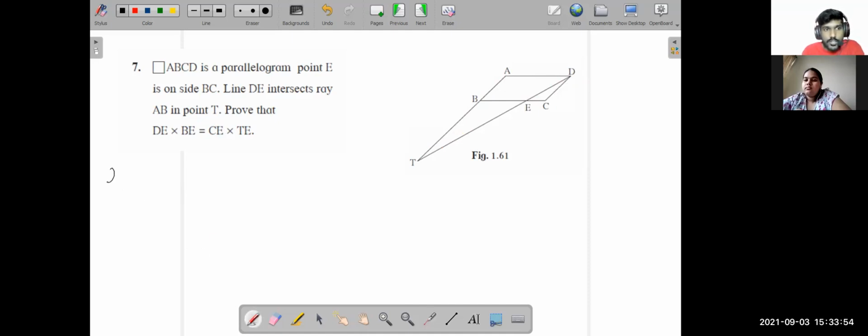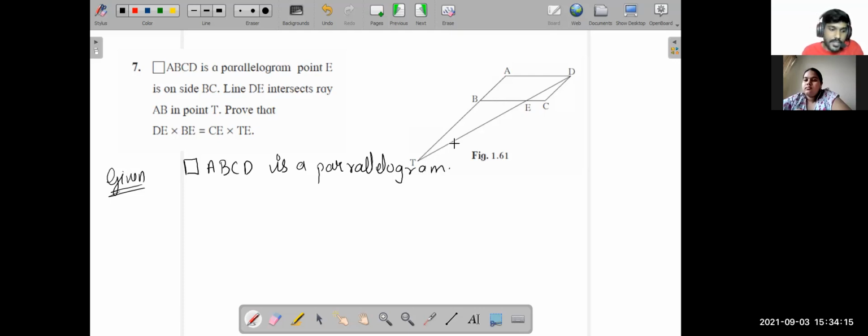So let's write what all is given to us. First thing given, ABCD is a parallelogram. What you have to prove?